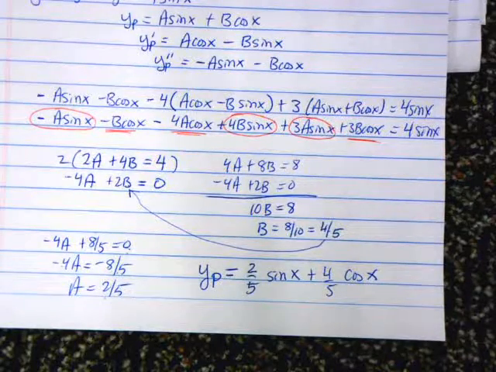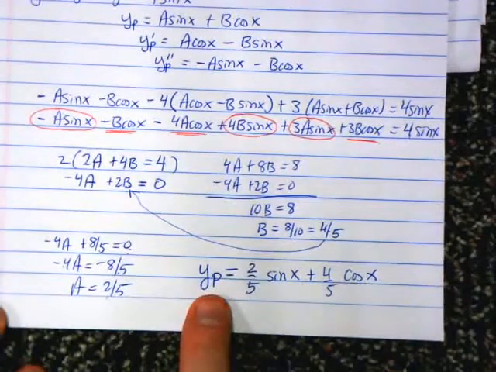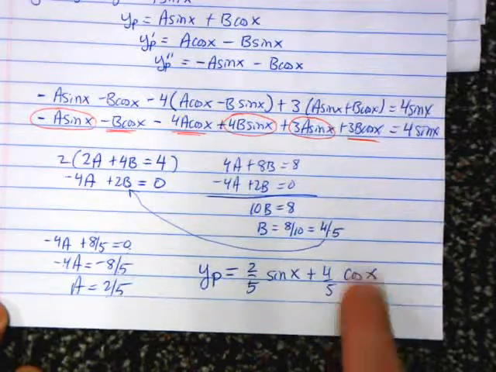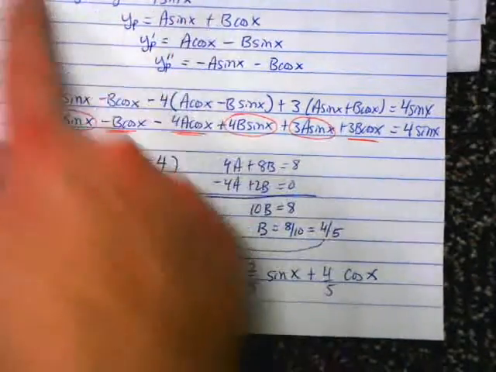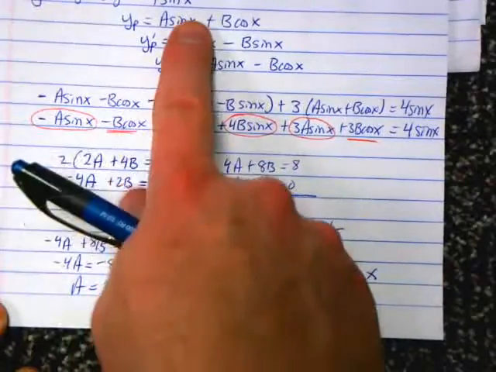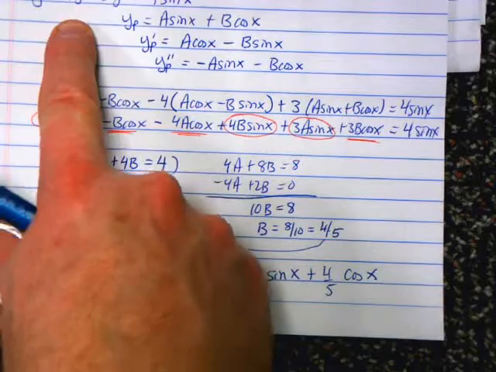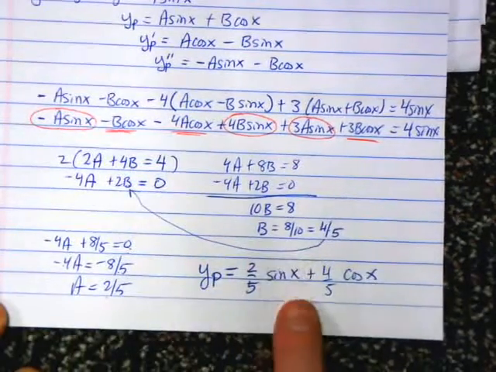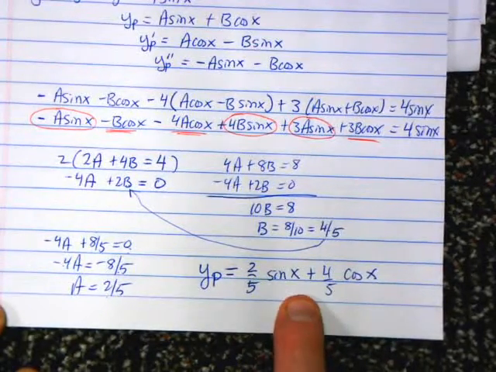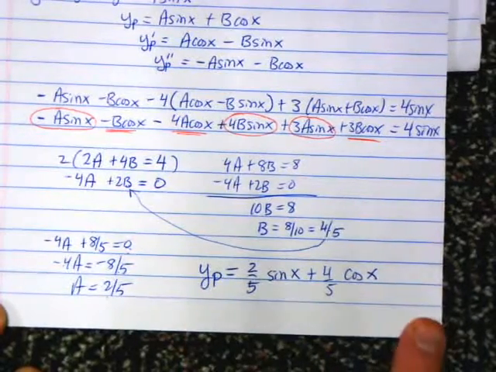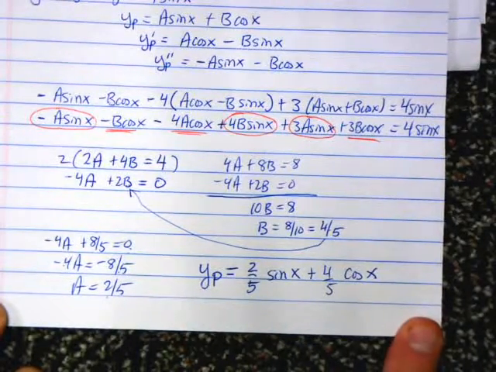If the original question was find y sub p, then I'm done. If the original question was find the general solution to this equation, then you're right, I'm not done. I would have to find y sub c, and then I would have to take my y sub c and add it to y sub p. My question was just find y sub p. So I'm all done. I don't want to make life harder for me.